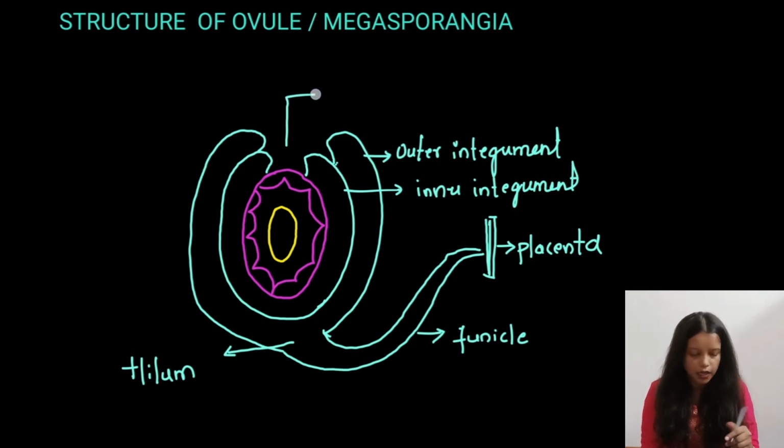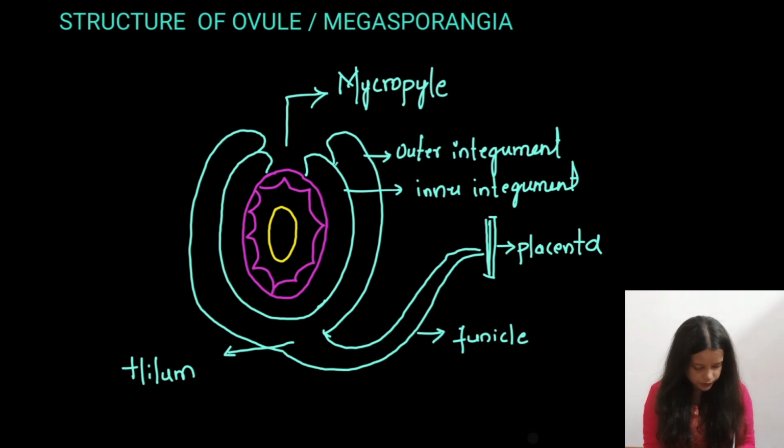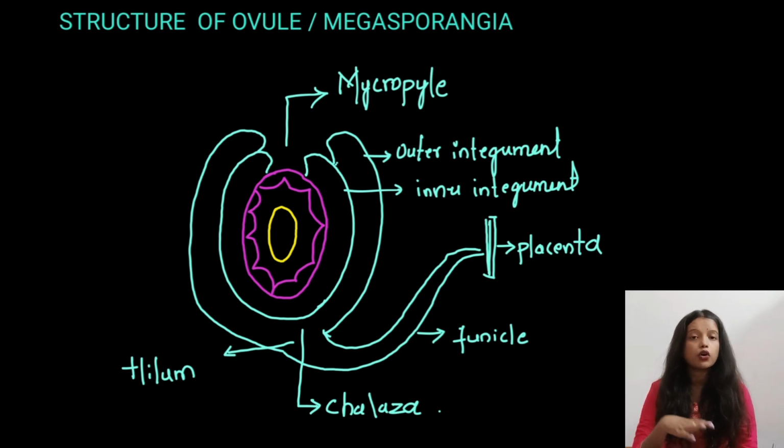This region is known as micropyle. And the opposite of micropyle is chalaza. So this is all about the structure of ovule. What I have drawn is an orthotropous ovule.